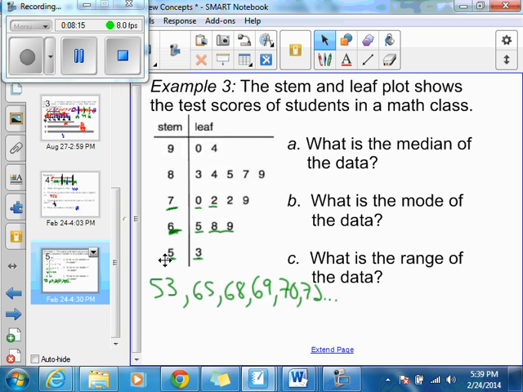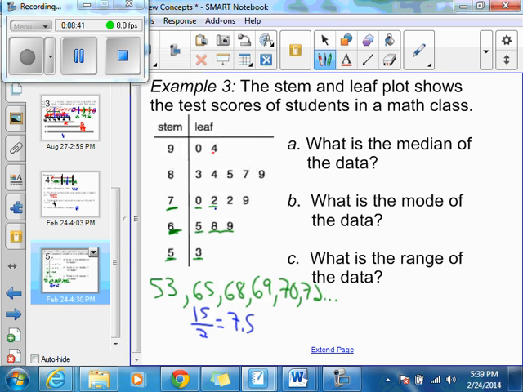Now this is really big. We don't want to have to list out every single piece of data. So another thing we can do is count how many numbers there are. You count 1, 2, 3, 4, 5, 6, 7, 8, 9, 10, 11, 12, 13, 14, 15. There are 15 different numbers. So to find the middle, we divide by 2. And that means it's going to be halfway between the 7th number on both ends.